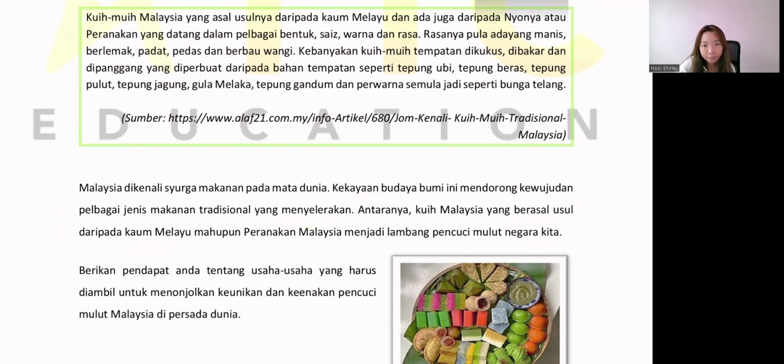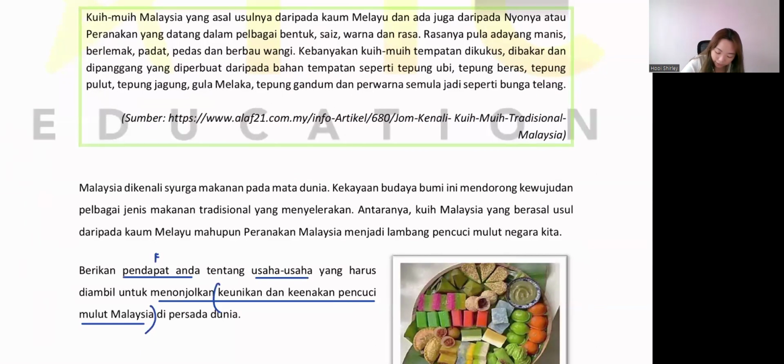Peranakan Malaysia. Menjadi lambang pencuci mulut negara kita. Pencuci mulut, it means like the dessert. Berikan pendapat anda tentang usaha-usaha yang harus diambil untuk menonjolkan keunikan dan keenakan pencuci mulut Malaysia di persada dunia.